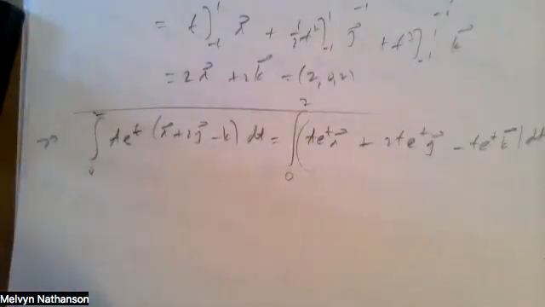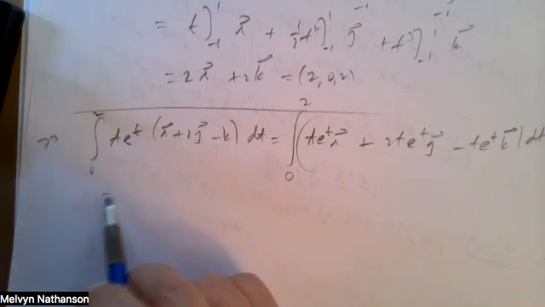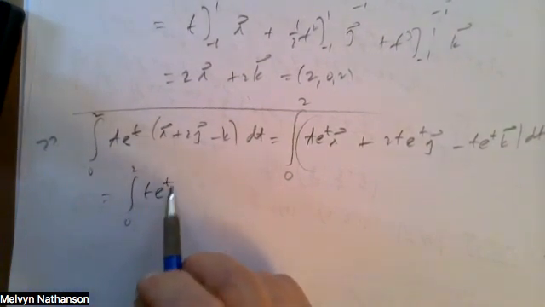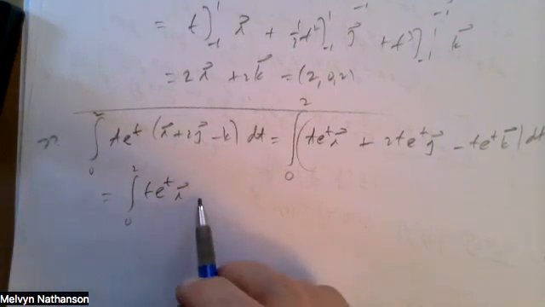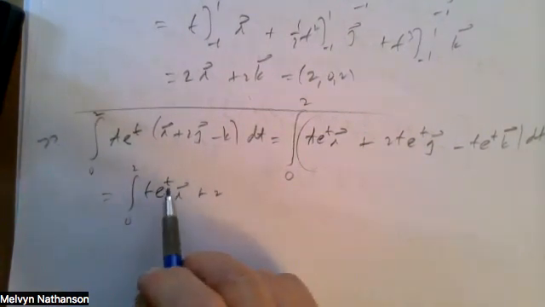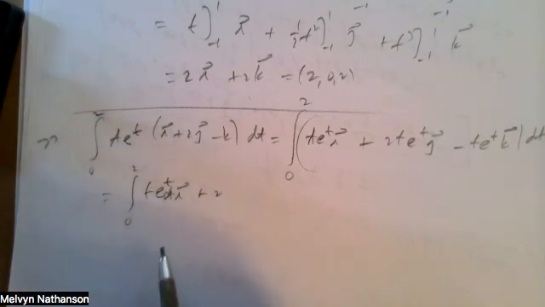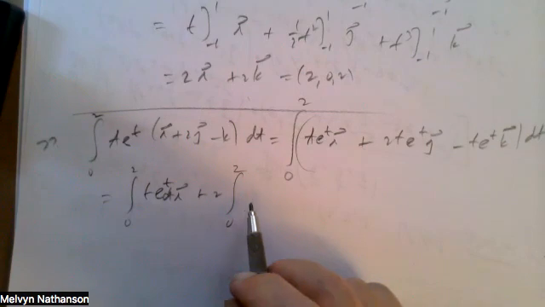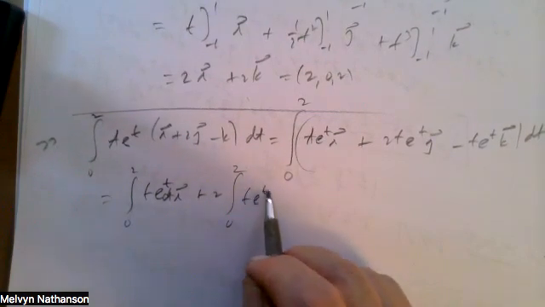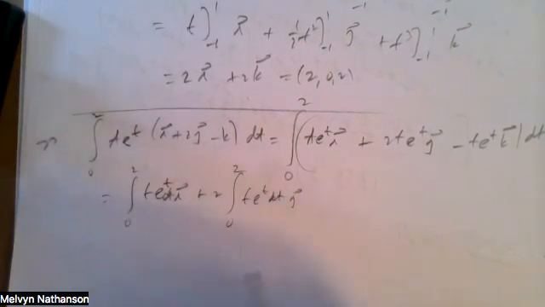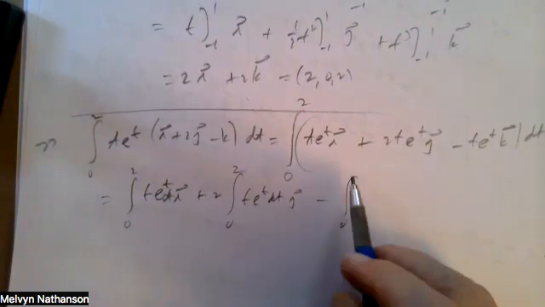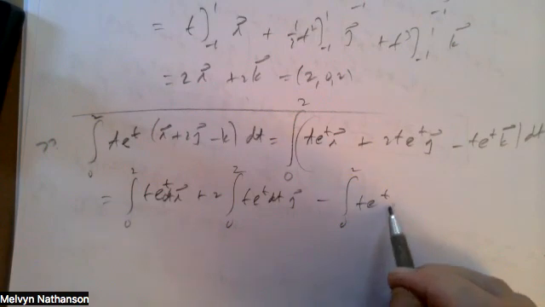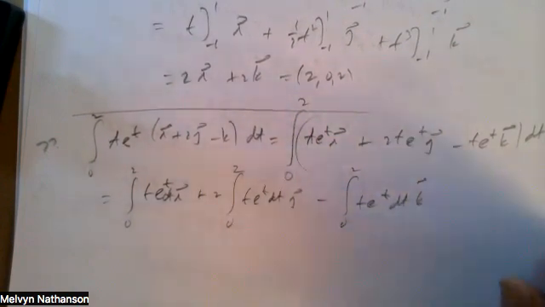And again, we write this as the sum of three integrals. The integral from 0 to 2 of t e to the t dt i plus 2 times the integral from 0 to 2 of t e to the t dt j minus the integral from 0 to 2 of t e to the t dt k.